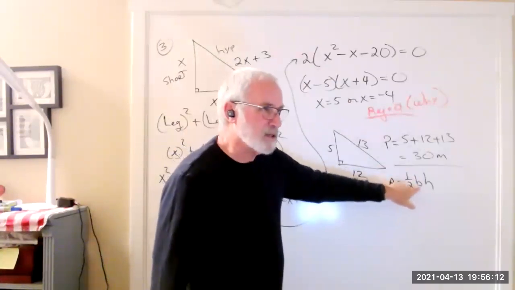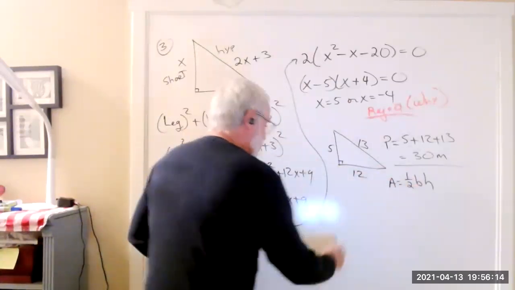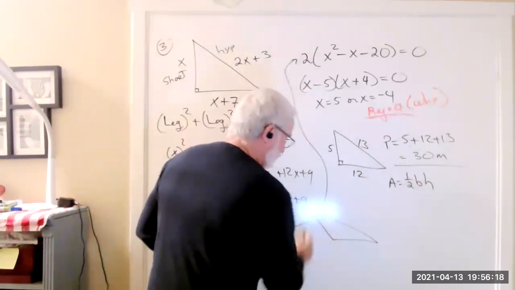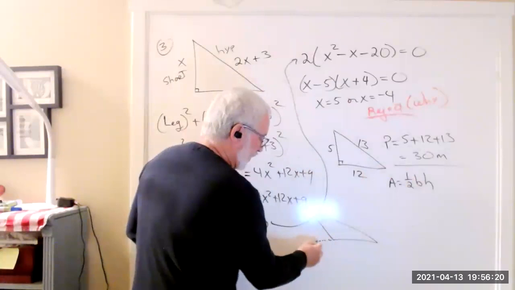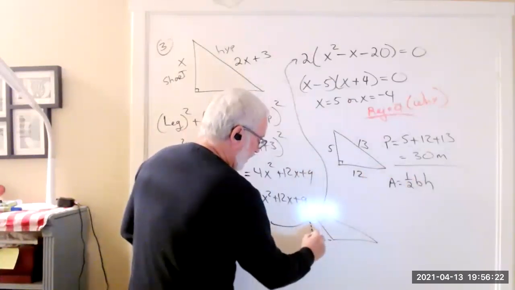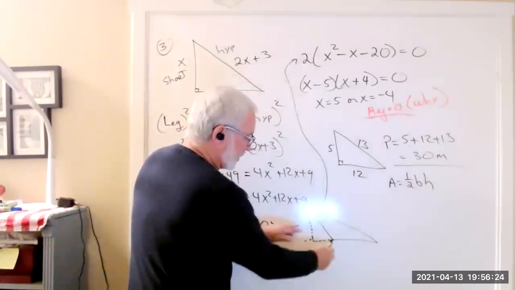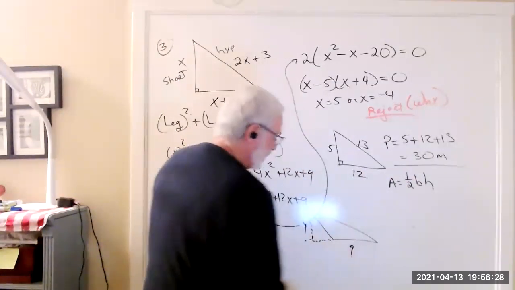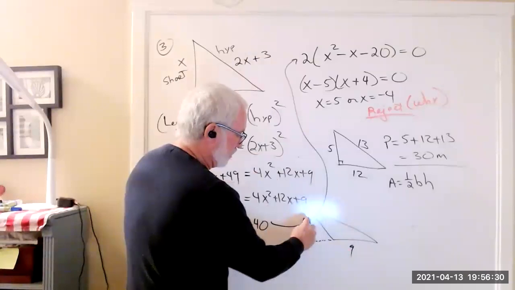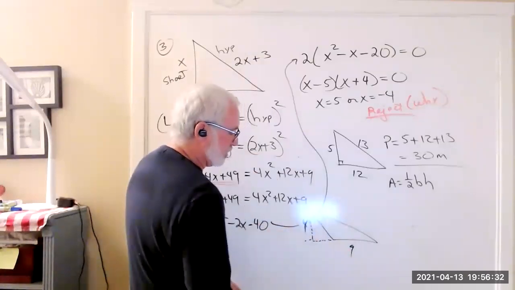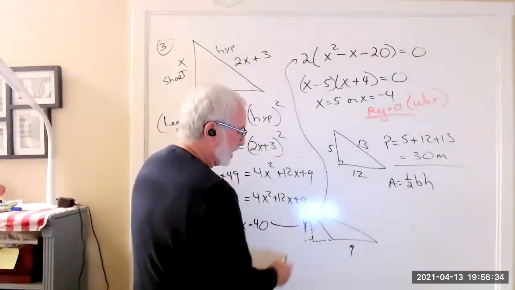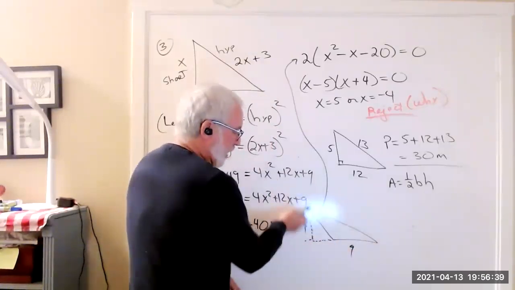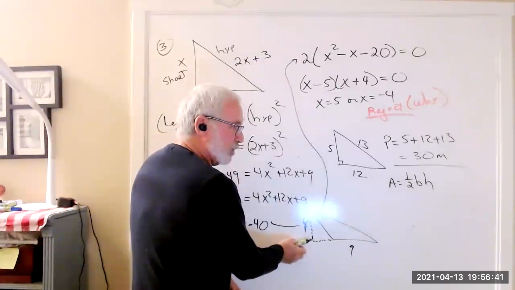When you see base times height, do you guys ever see a triangle written or drawn something like this, and they put an extension out here? They extend it with dotted lines and they say this is 4 and this is 9. You ever see that? When people ask you to find the area of a triangle where they extend to the side, that's because the 9 has to be at right angles with the 4.